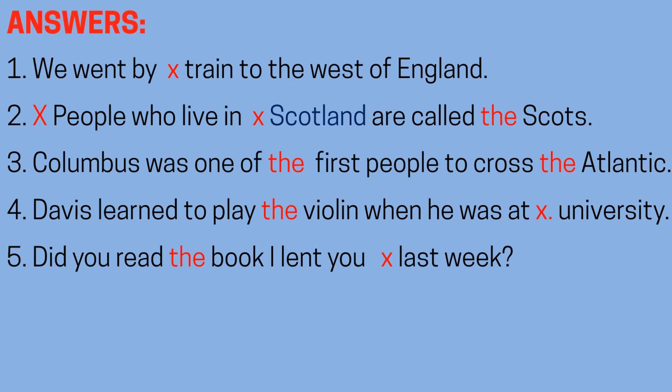Number 2. People who live in Scotland are called the Scots. 3. Columbus was one of the first people to cross the Atlantic. 4. Davis learned to play the violin when he was at university.